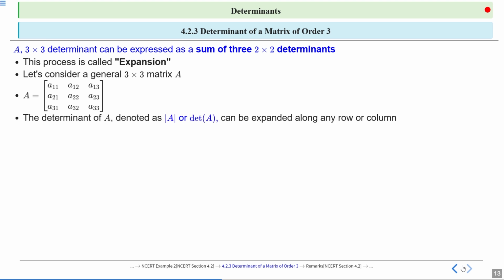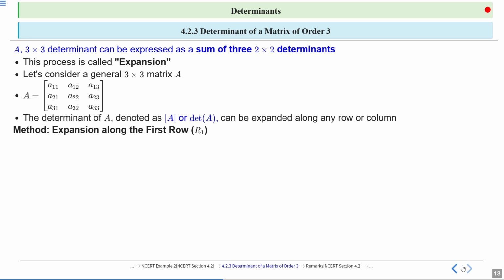The determinant of this matrix A, denoted as det A, can be expanded along any row or column. So we can take any of these 3 rows or 3 columns to find the value of the determinant. Let's see how we calculate this. First we expand along the first row R1.